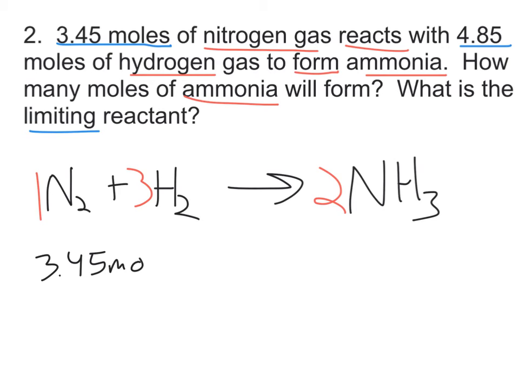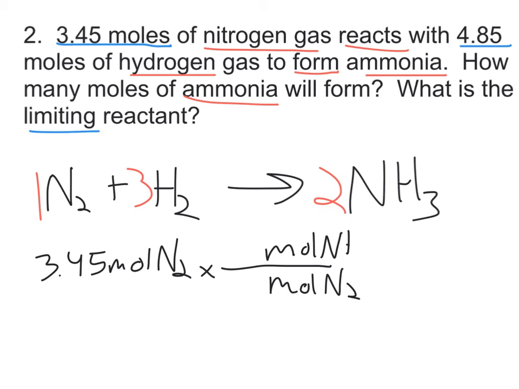3.45 moles N2 times. Well, if I start with moles N2, they have to go on the bottom. And then they're asking for moles of ammonia. How many moles of ammonia will form? So I'm going to put those up top: moles NH3.